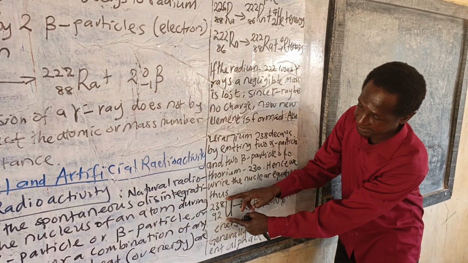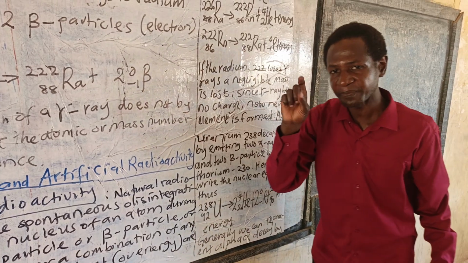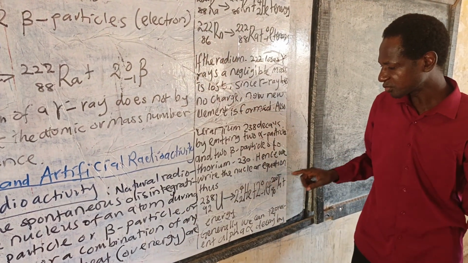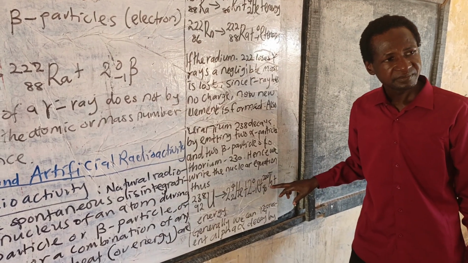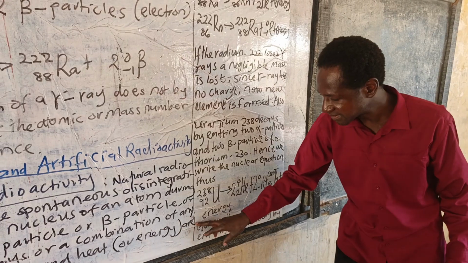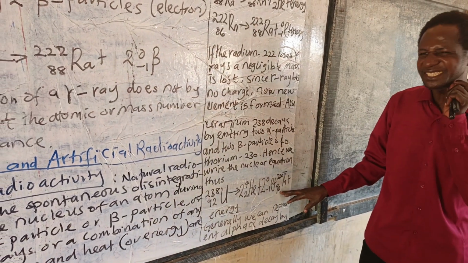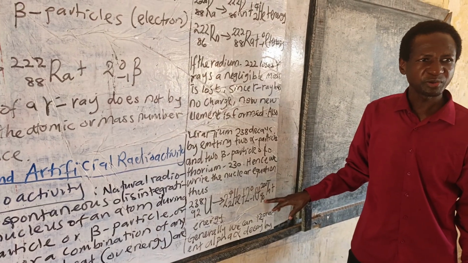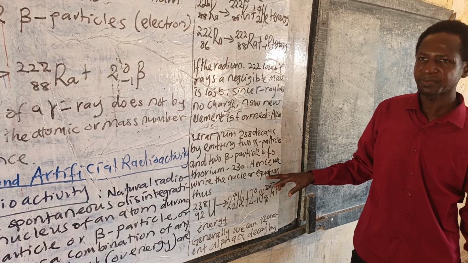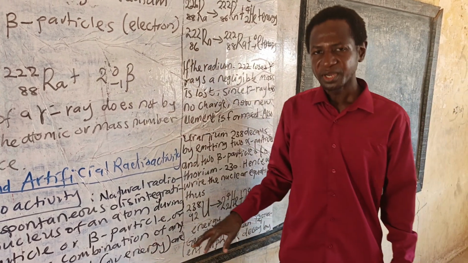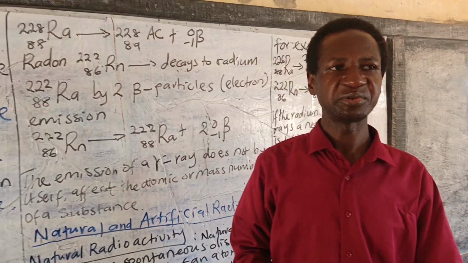When it disintegrates, two particles of alpha are emitted, two particles of beta are emitted, and energy is released, plus thorium, which has atomic number 90 and mass number 230. So these are some of the examples of natural radioactivity.